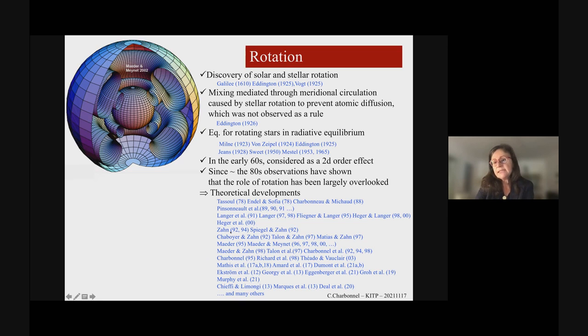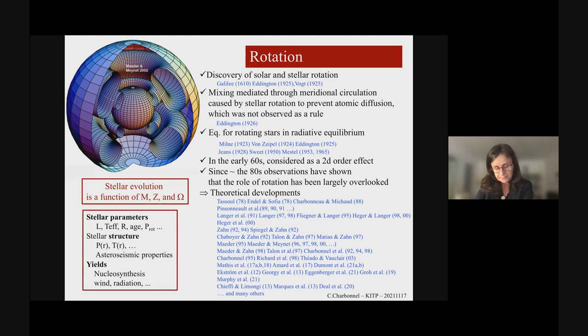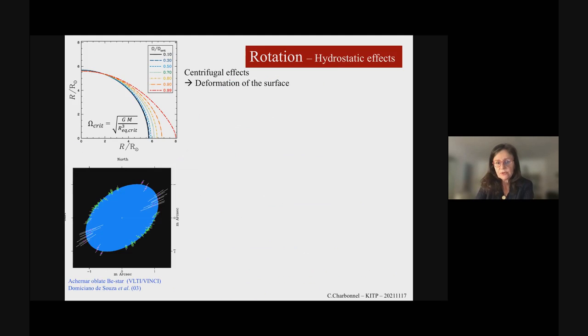And here I have listed a couple of works focusing on rotation, but there are, of course, many more in the literature. I think we can say now that stellar evolution is not only a function of mass and metallicity, but also of rotation.